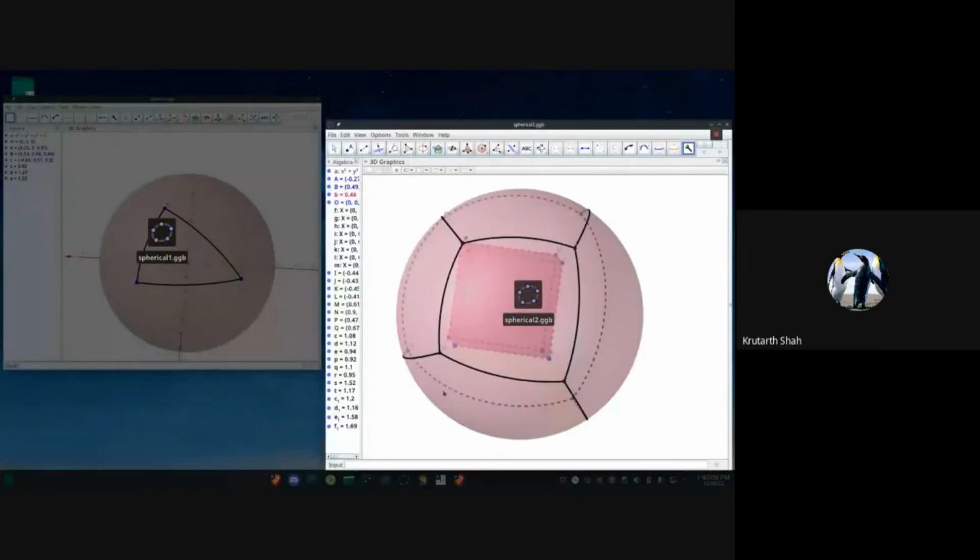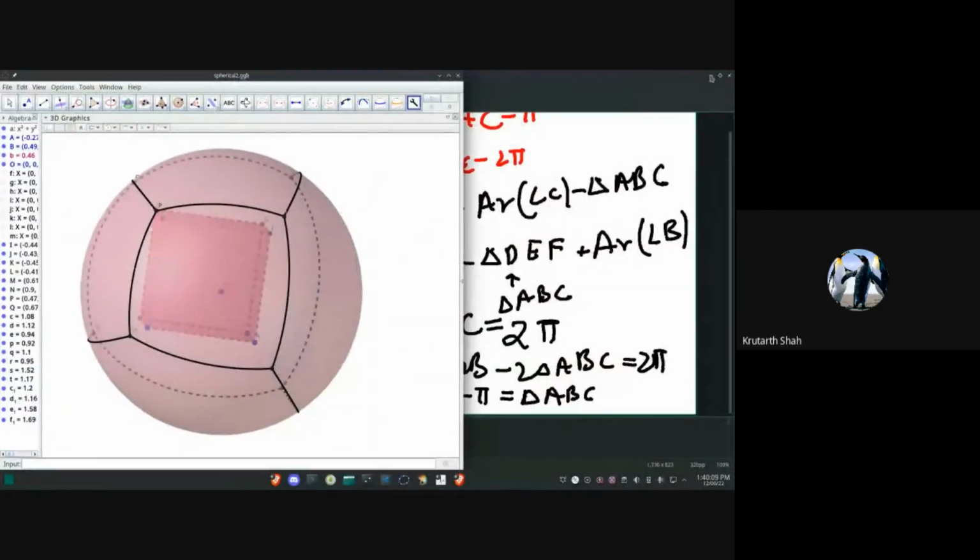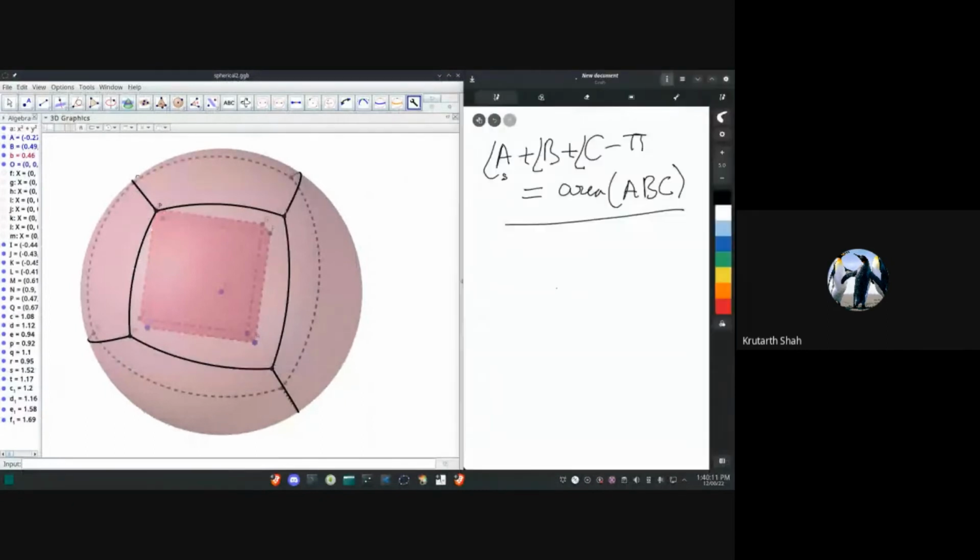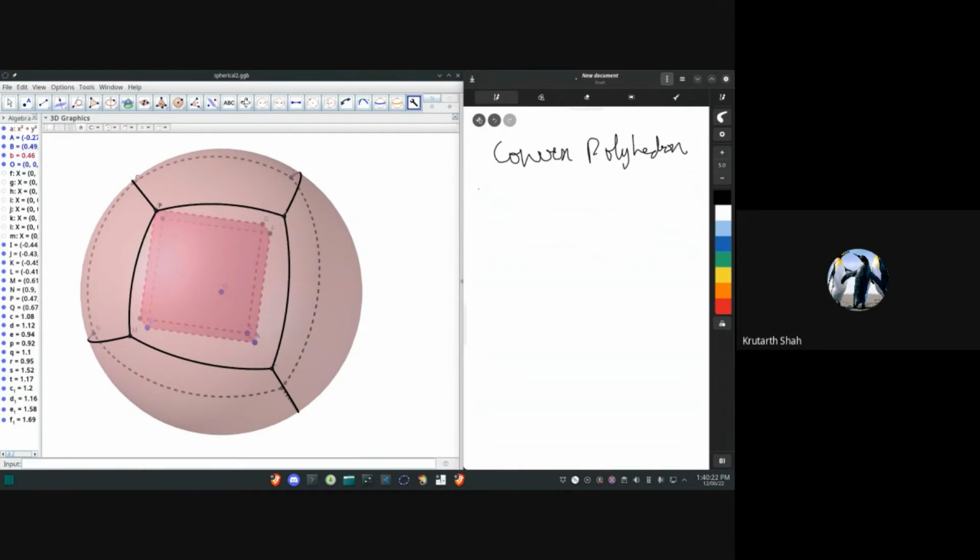Right. So now I'll be proving Euler's polyhedron formula. You might have heard of it. Given a convex polyhedron with V vertices, E edges, and F faces, you have V plus F minus E equals 2.